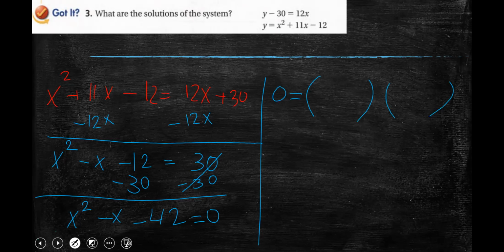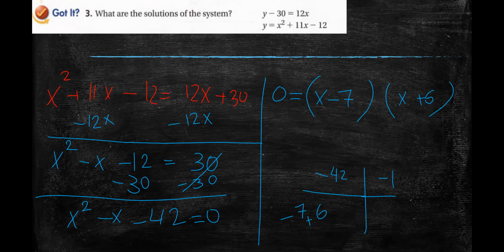Two numbers that multiply to give -42, and if you add them, you get -1. What are the numbers? 7 and 6. -7 and +6. So x is -7, x is +6.